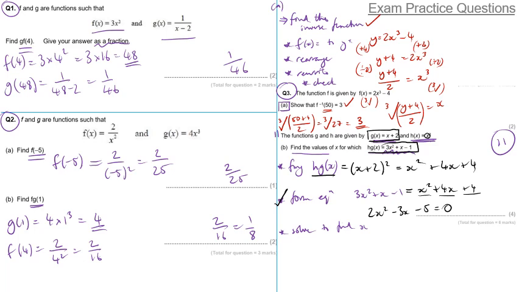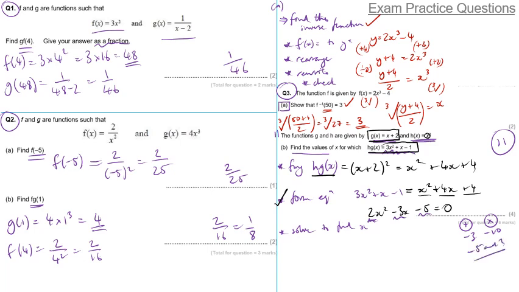So on this quadratic, because the coefficient of x squared is greater than 1, it's one of those where we need to split the middle term. We're looking for a pair of numbers which are going to add to -3 and multiply to 2 times -5, so multiply to -10. -5 and 2 work for these.